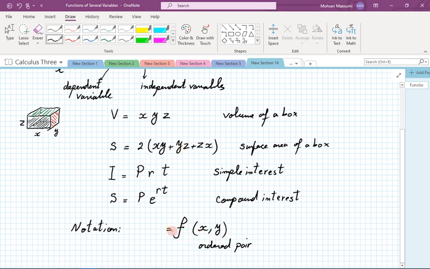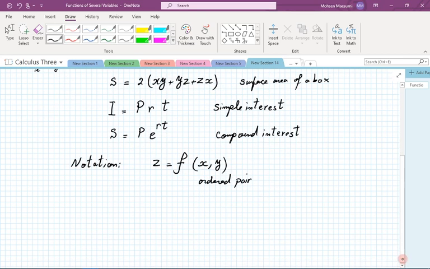And then you have an output. Output is the dependent variable here. So this is typically the next letter of this bunch, or something clear as to how we are specifying the output. So for the ordered tuple, the official name for this thing is independent variables. And then this one is called the dependent variable.